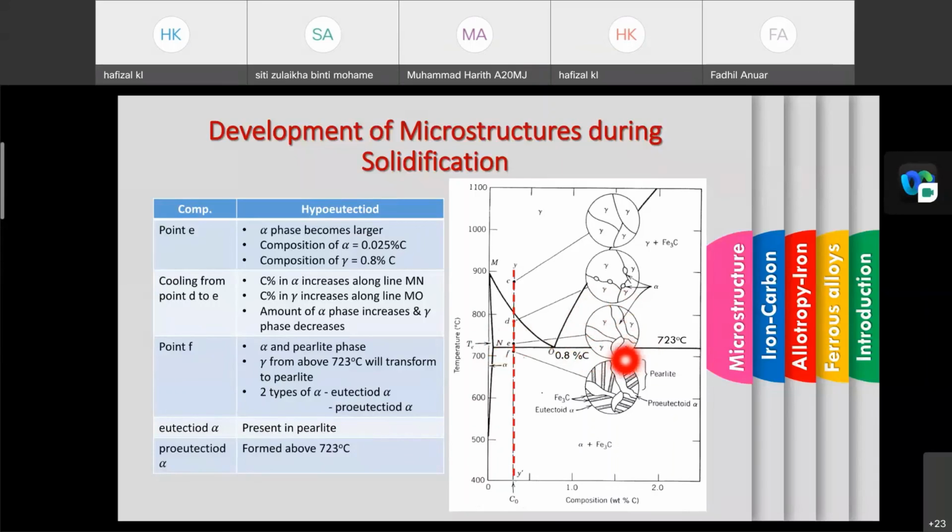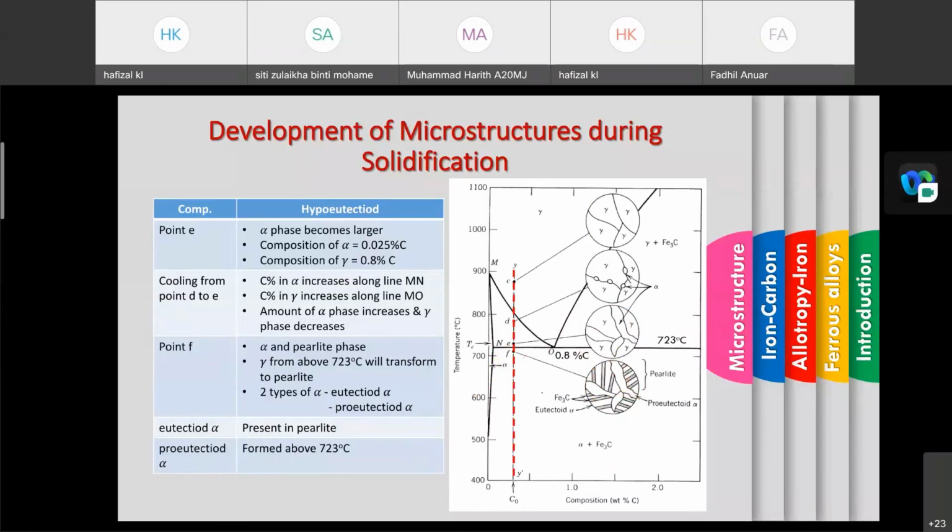So for the microstructure at this area, we can draw something like this, whereby the amount of the gamma becomes less and the area of alpha becomes bigger. And finally at this point F, the point below 723 degrees Celsius, we can see there is a lamella of alpha and also cementite taking place, something like this.